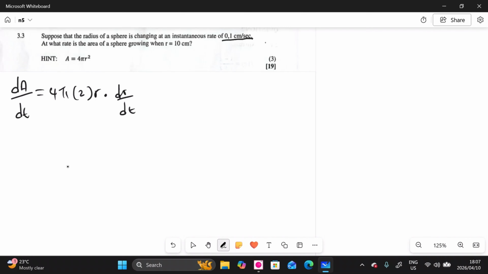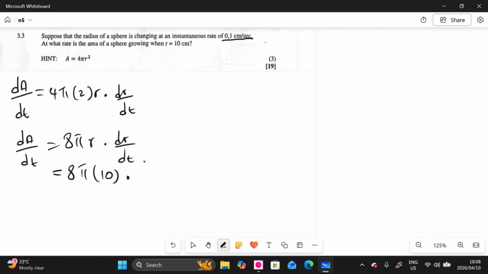So what we need to do here is continue and multiply them. If we multiply this, we have 2 multiplied by 4 pi. This is going to give us 8 pi. And then we have r, and we multiply by dr over dt, right? And then we start substituting. When we substitute, we have 8 pi. Remember, r is 10 centimeters.